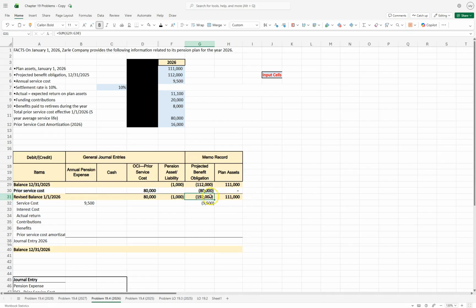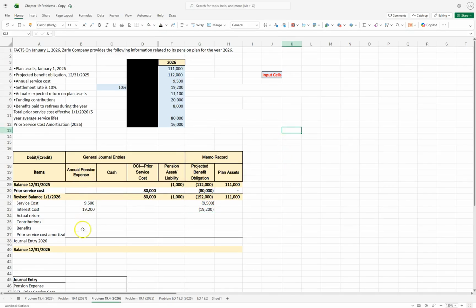So we're going to take the 192,000, multiply it by the 10%, and that's going to be $19,200, and I'm going to debit pension expense for $19,200 and credit my PBO for $19,200.